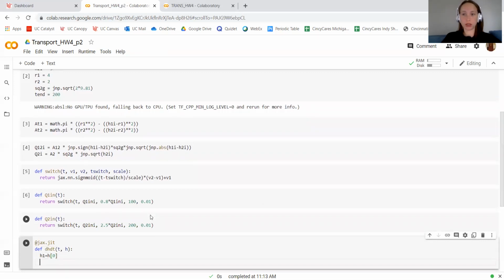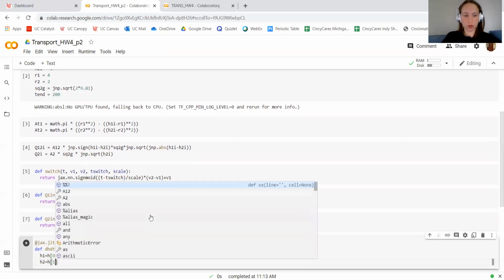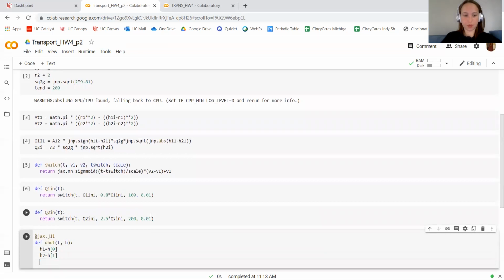So H1 will be indexed at 0 and H2 will be indexed at 1. And this just makes everything cleaner.